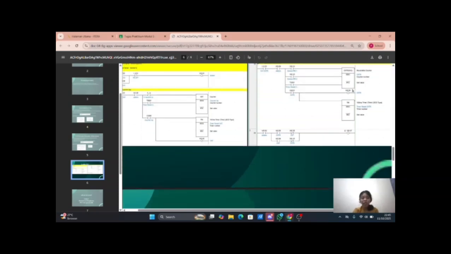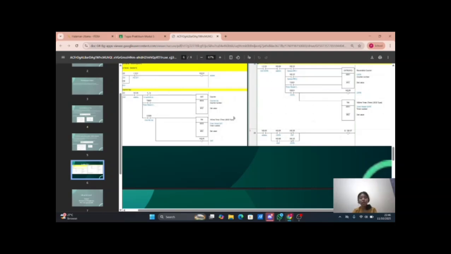The PLC digital input receives the push button signals, and the outputs are connected to lamps that indicate the counting status or completion of the counting cycle.